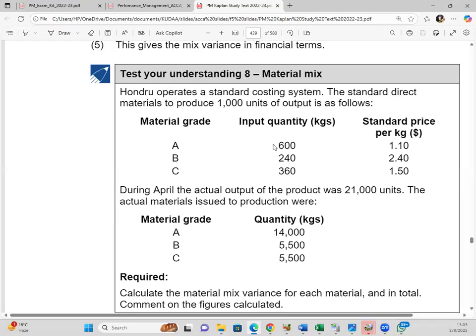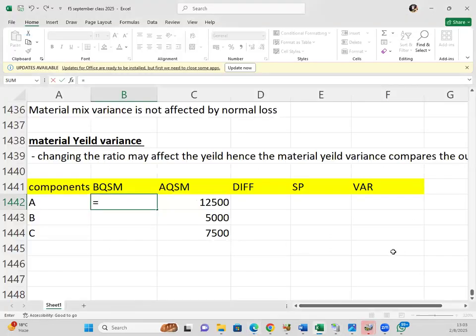Mm-hmm. 600 kgs for 1,000 units. What about 21,000 units? 12,600.